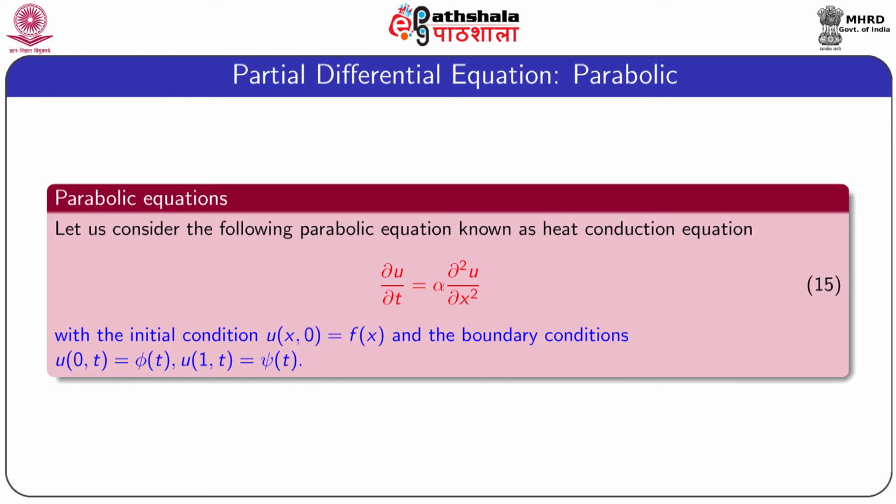The differential equation is del u del t equal to alpha del 2 u del x2, with the initial condition u x 0 equal to f x, that means when t equals 0, u is equal to f x, and the boundary conditions are u 0 comma t equal to phi t and u 1 comma t equal to psi t. That means the left bound is x equal to 0 and the right bound is x equal to 1.